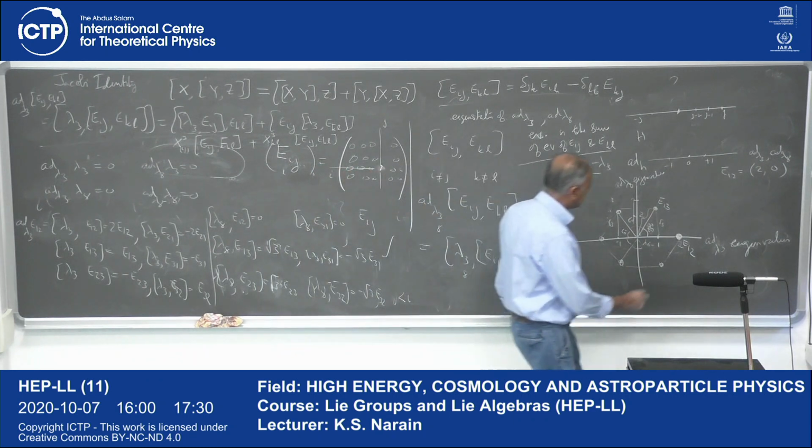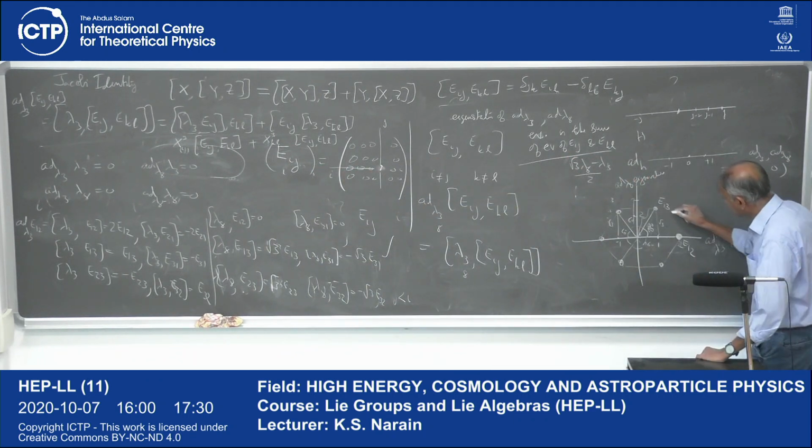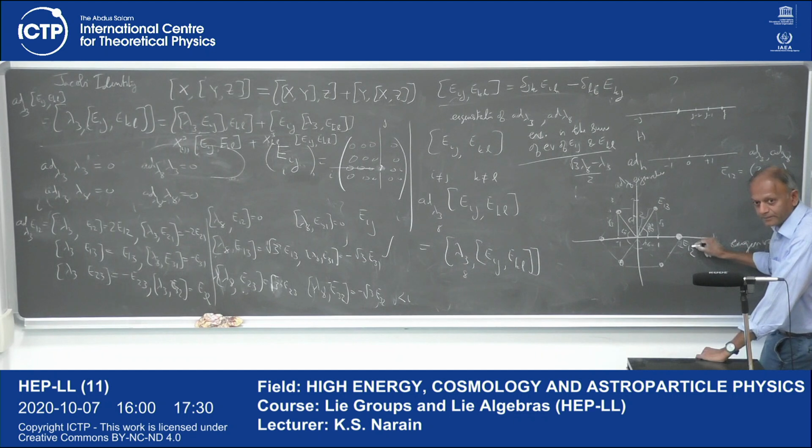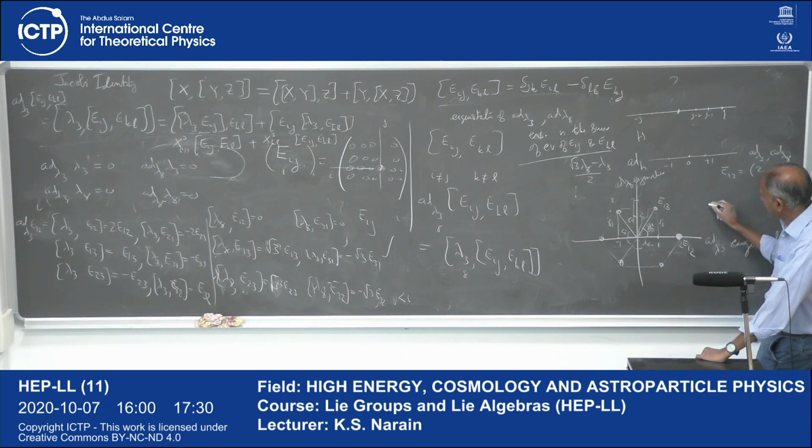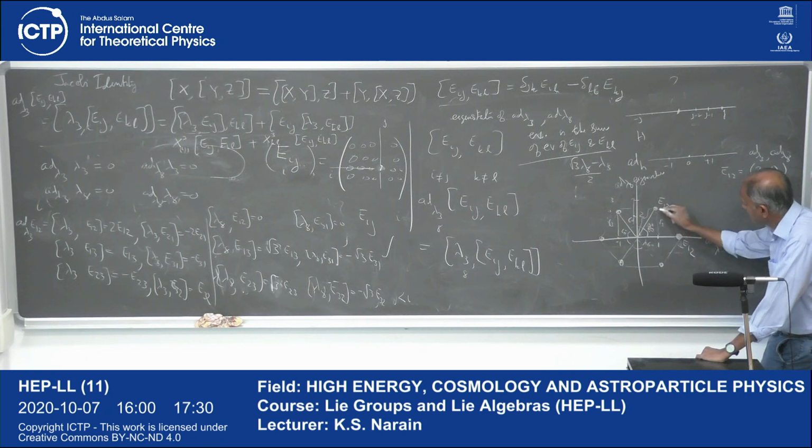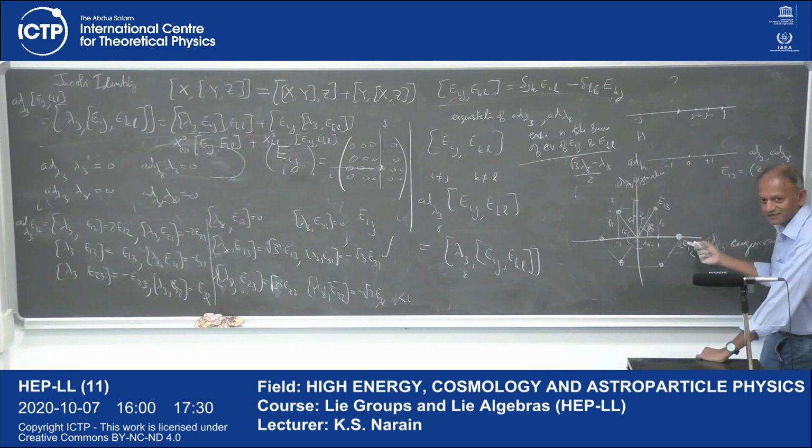So if I take, for example, the commutator of E12 and E13, the right hand side should be something whose eigenvalue will be the sum of these two roots. But the sum of these two roots does not exist.